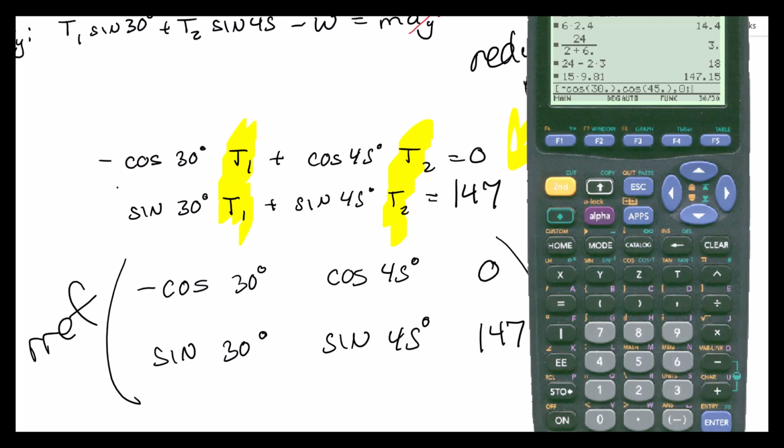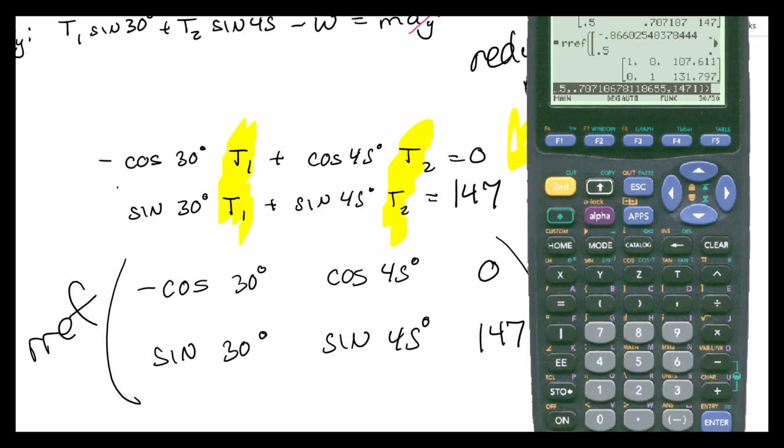And then sine 30 and sine 45 and 147 and end my bracket. Okay, so cosine 30, cosine 45, 0, sine 30, sine 45, 147. Now I'm going to go into my math menu and under matrix, RREF, number 4. So I'm going to RREF that.